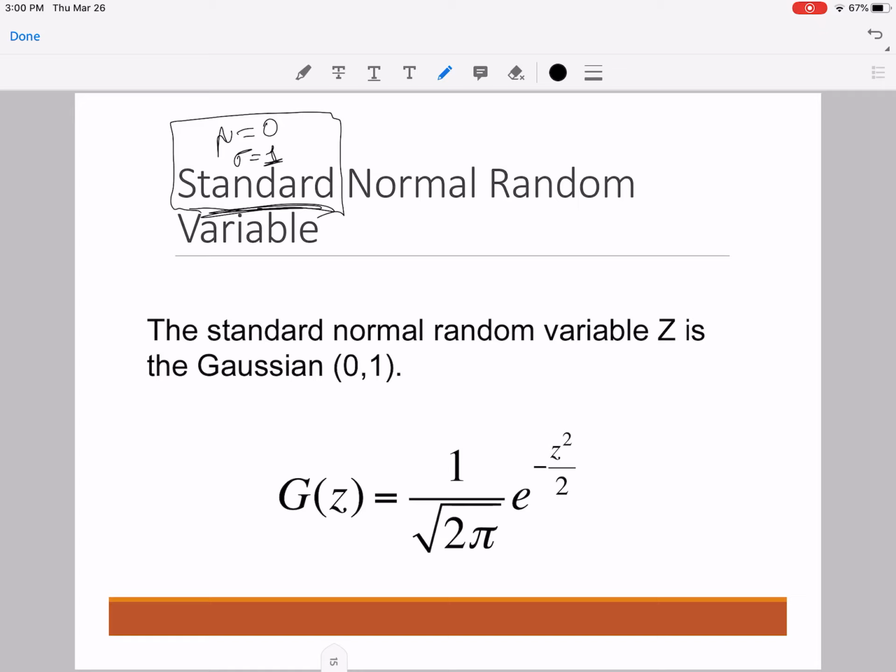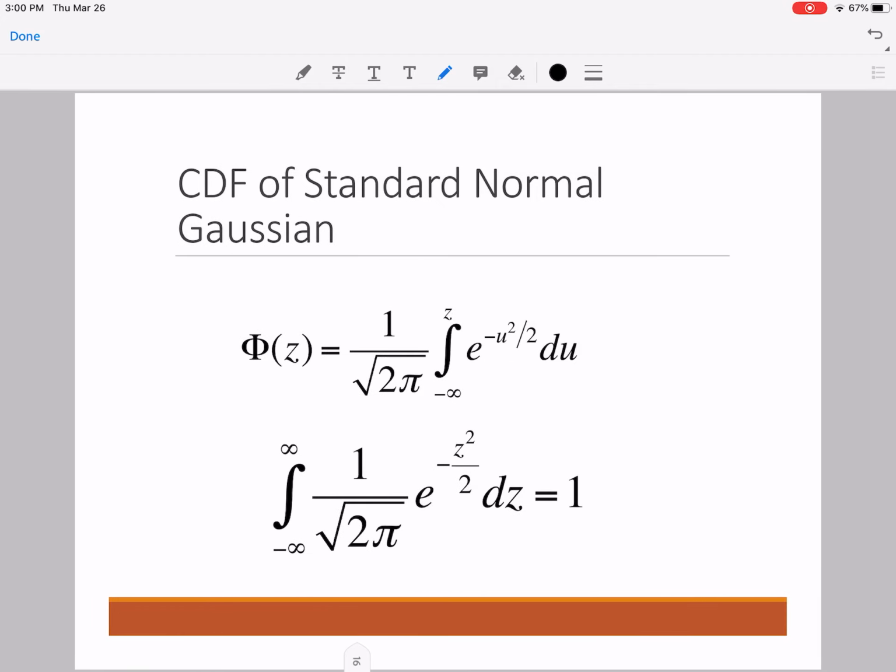And its probability density function takes this form right here, which is easy to obtain when you plug mu as 0 and sigma as 1. The cumulative distribution of a standard normal Gaussian random variable is obtained by integrating the PDF from -infinity to z, just like how the CDF of any random variable is obtained by accumulating the PDF from -infinity to x.